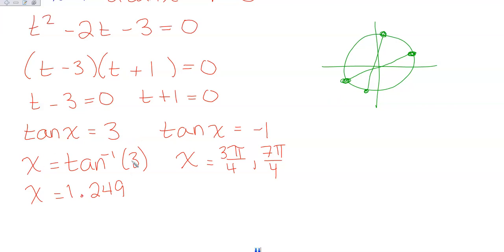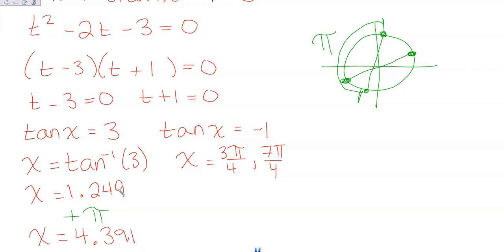So this right here is going to be my value of tangent in quadrant 1. But I also need to get the value of the tangent in quadrant 3. Remember that these are pi apart. So we're going to add pi to this to get that my x value is also going to be equal to 4.391. Please go to at least 3 decimal places and get in that really good habit.